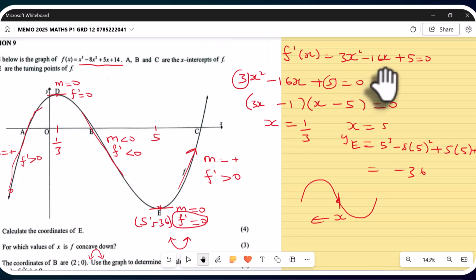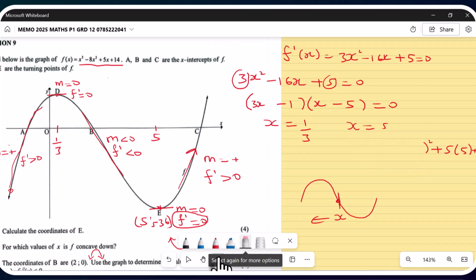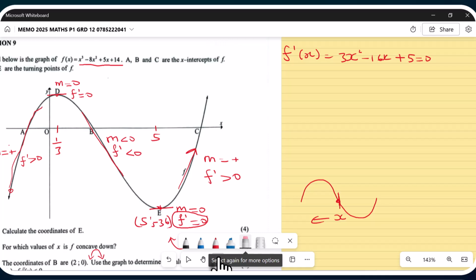So what do we get, guys? The second derivative gives us what? If we differentiate 3x squared minus 16x plus 5 again, we get our second derivative, which equals 6x minus 16.